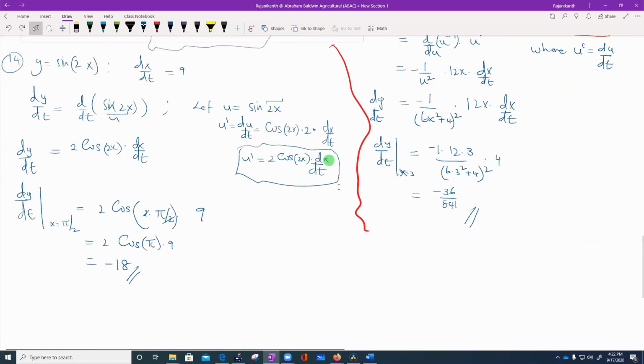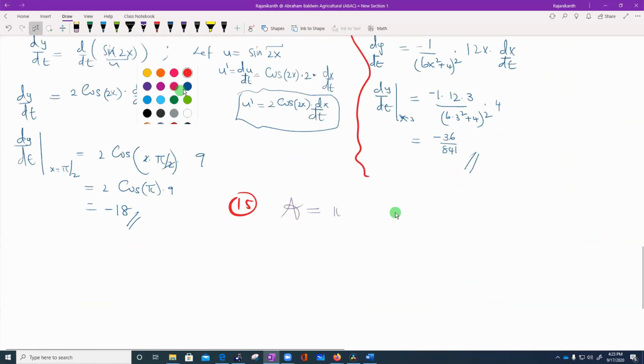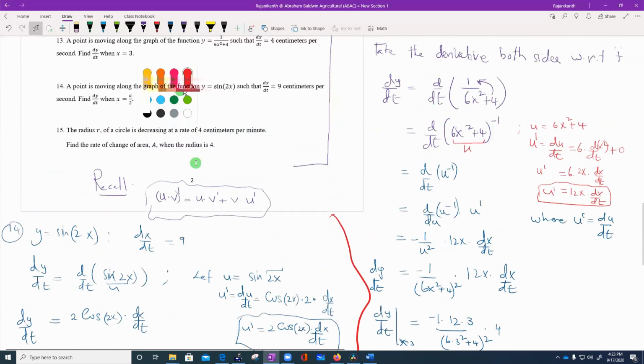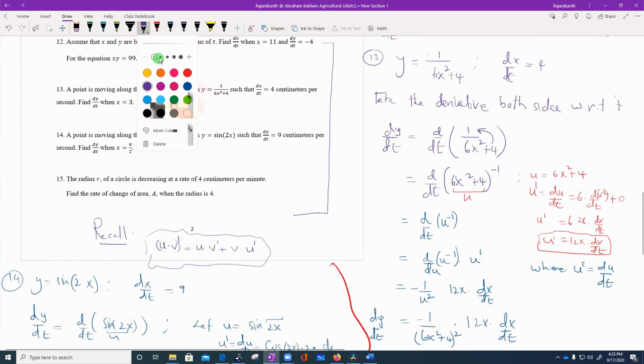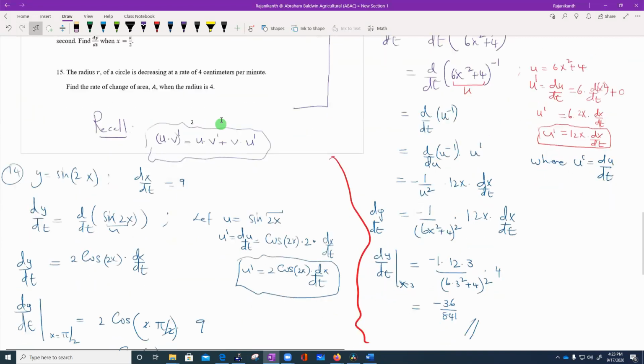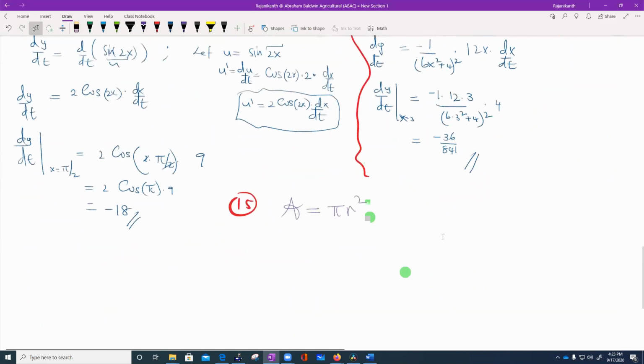Okay, so let me write down the area of the circle formula. Remember here the radius r and the area are variables; these two are going to change. When you change your radius, the area automatically changes. Now what's happening in this problem? The radius r keeps on decreasing. The rate of change of the radius is given, which is 4 centimeters, but decreasing.